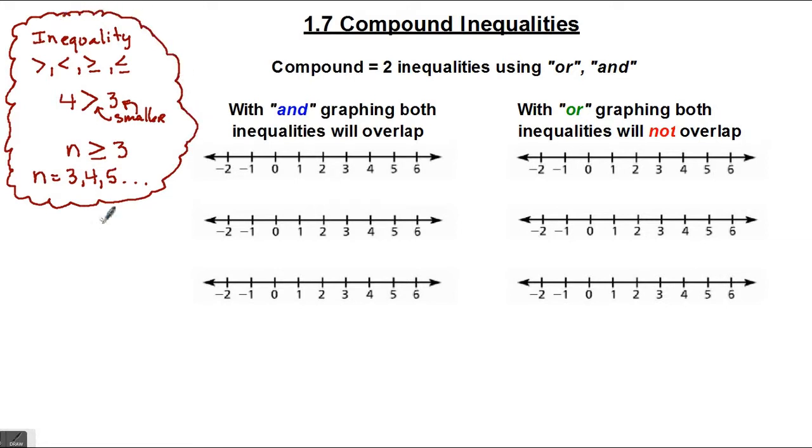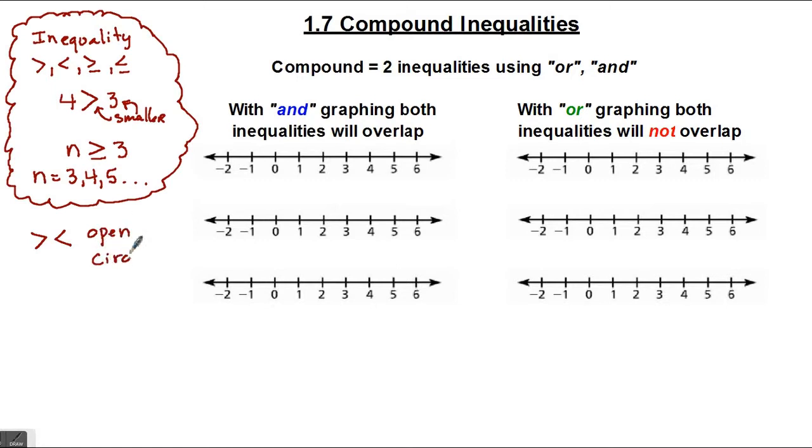All right. The next thing is we want to talk about what an open and closed circle is. If I have the greater than or less than sign, this is considered an open circle.